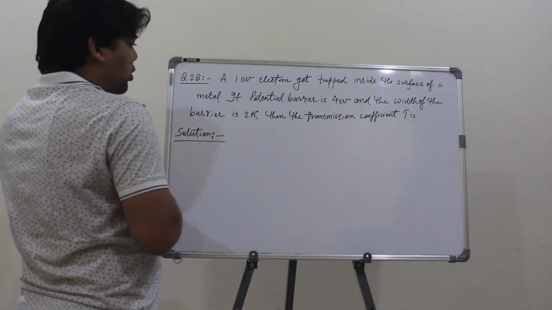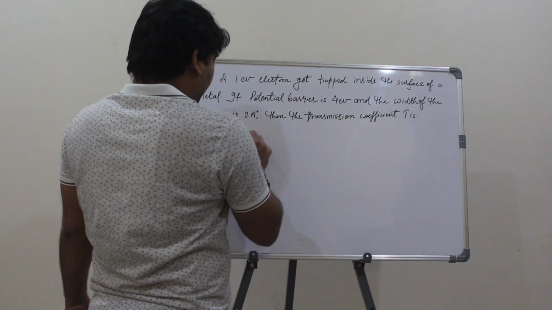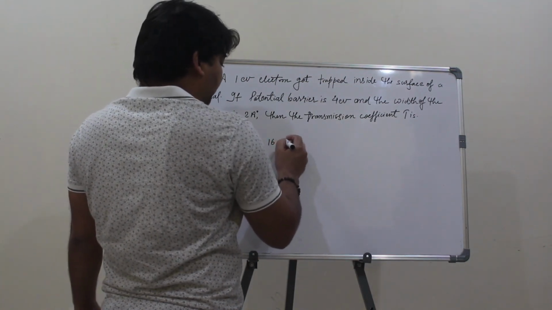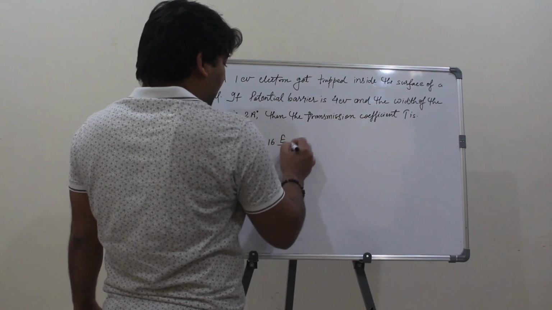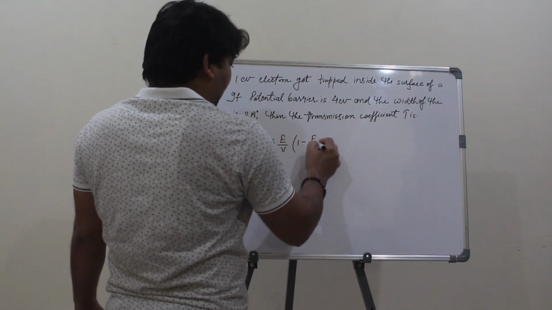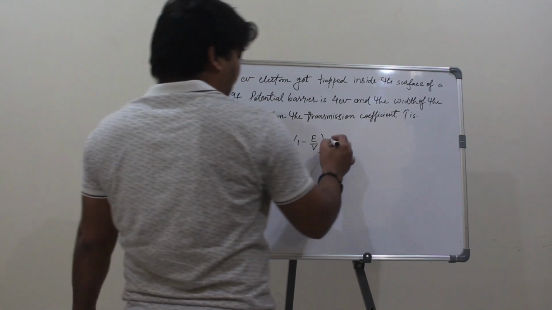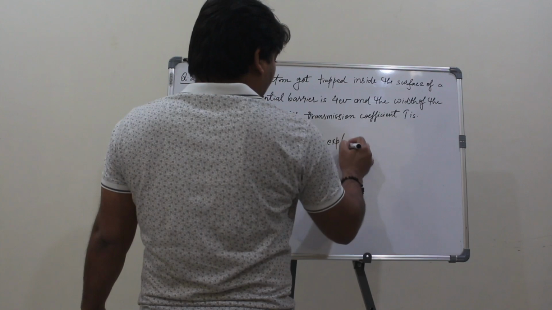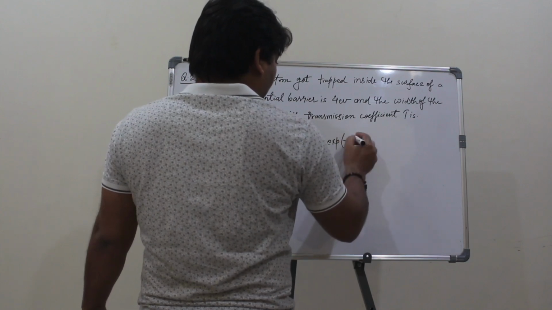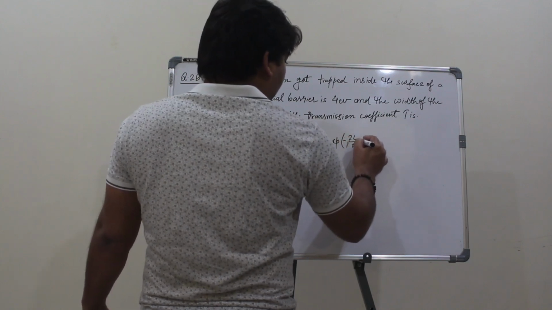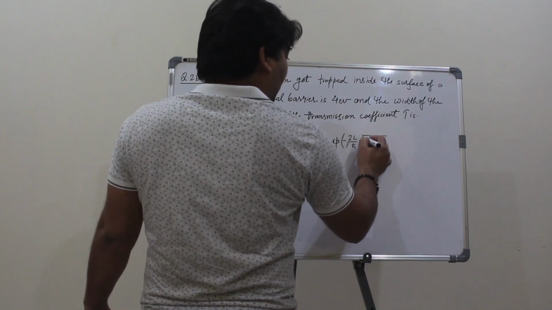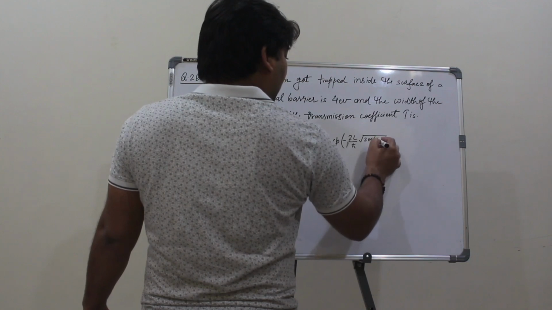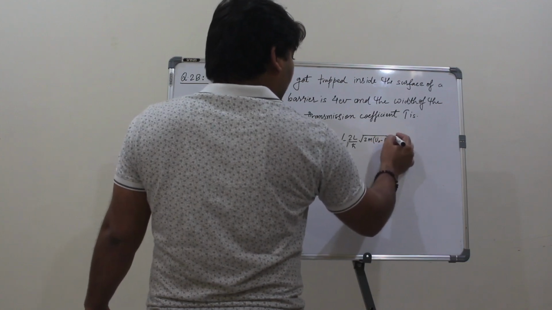So let us calculate the transmission coefficient T. The transmission coefficient T is defined for a barrier potential as 16 E by V, 1 minus E by V, exponential of minus 2L divided by h cut into root 2m into V minus E. Right?